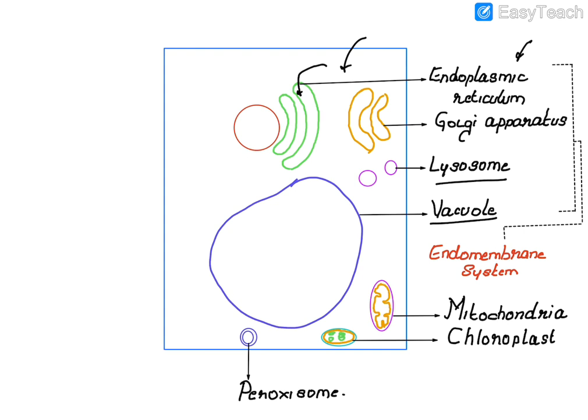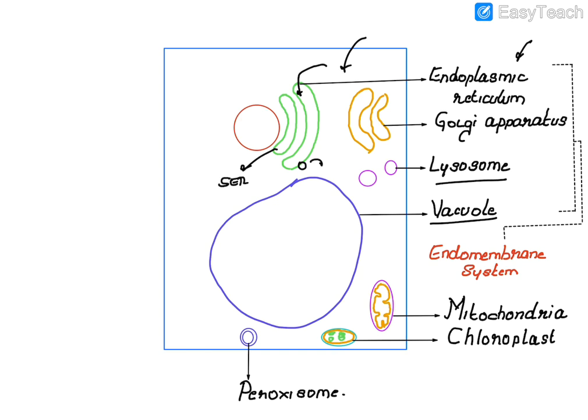We also discussed the types of endoplasmic reticulum based on the presence or absence of ribosomes. If the endoplasmic reticulum is associated with ribosomes, it is called rough endoplasmic reticulum. Without ribosomes, it is called smooth endoplasmic reticulum.